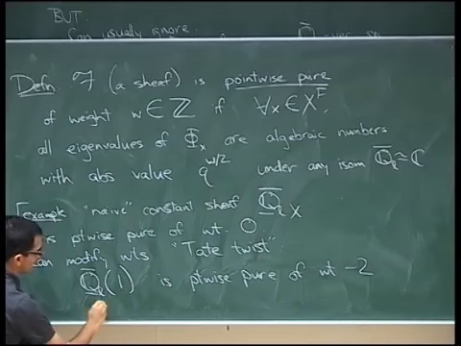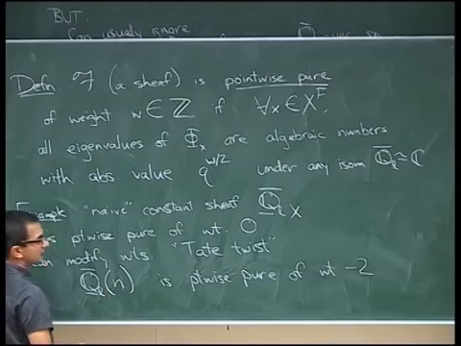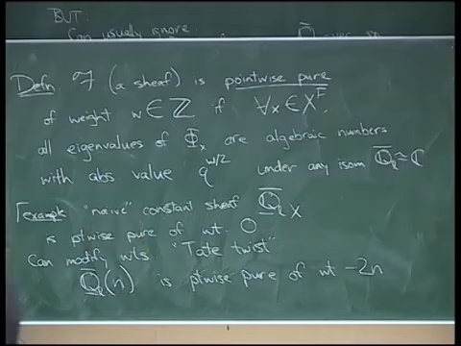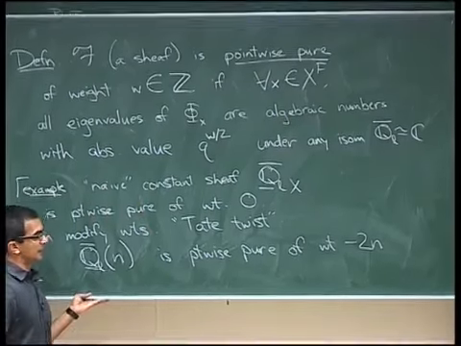I guess the general formula is that if you twist by n, you get a pointwise pure sheaf of weight negative 2n.